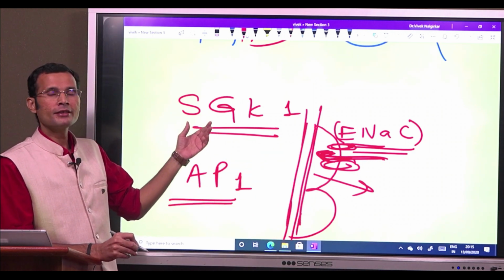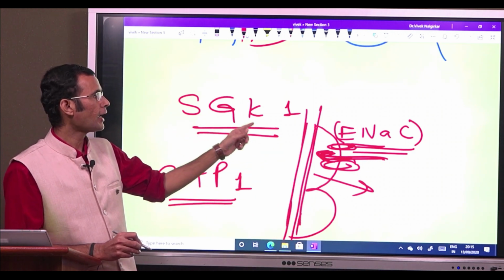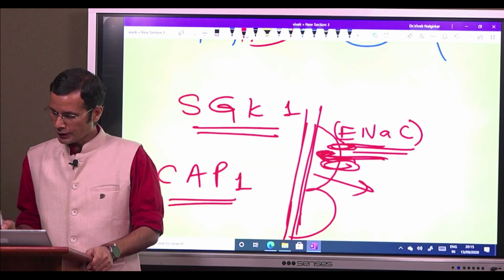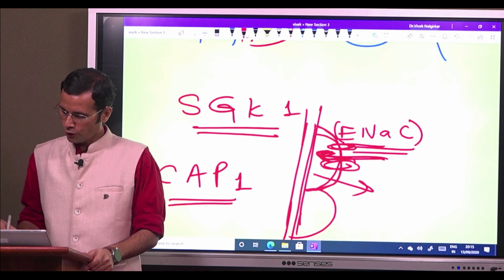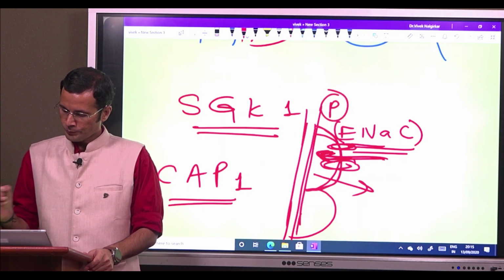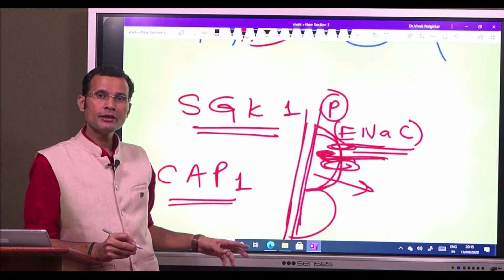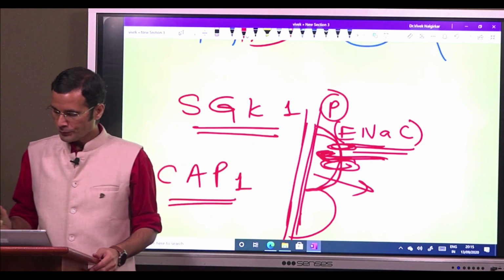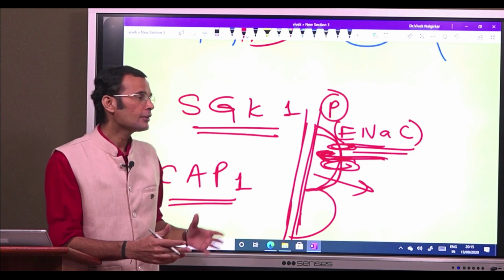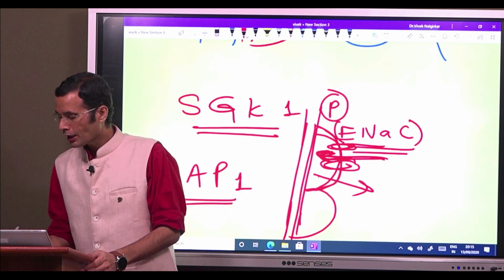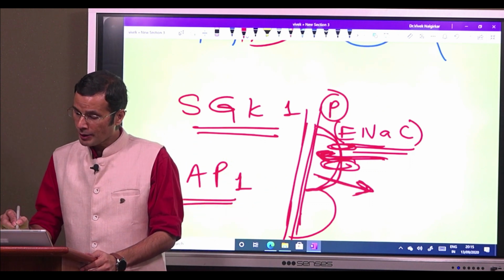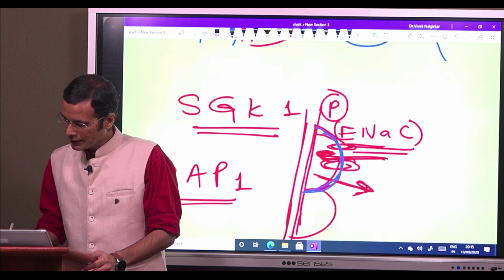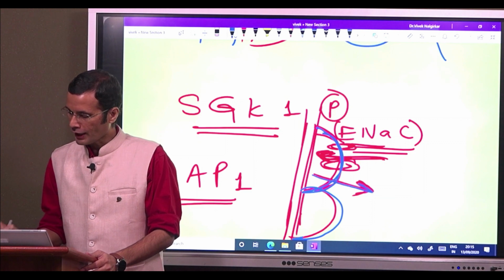Third, it increases serum glucocorticoid stimulated kinase, which increases the expression of ENaC in the apical membrane of the principal cell. It also stimulates CAP1, channel activating protease, that also increases ENaC. And the final action is it increases the permeability of the apical membrane for potassium diffusion.